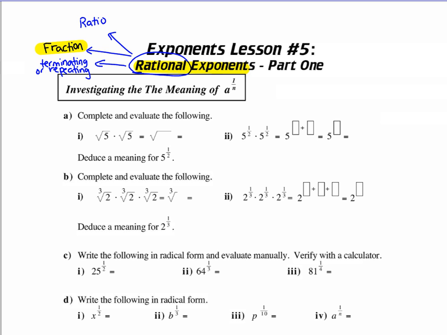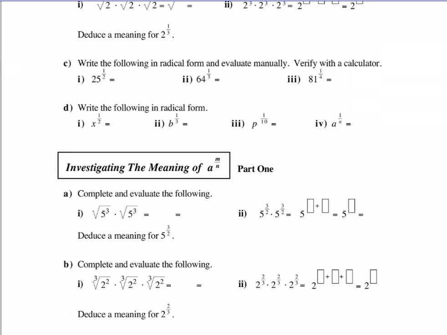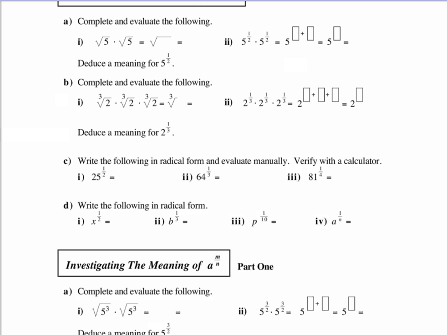All right, what does root 5 times root 5 equal? Root 25, which equals 5. Okay. Now, when we have the same base, so let's say I had 5 to the power of 1/2 times 5 to the power of 1/2. When we have the same base, what do we do with our exponents? Add them.